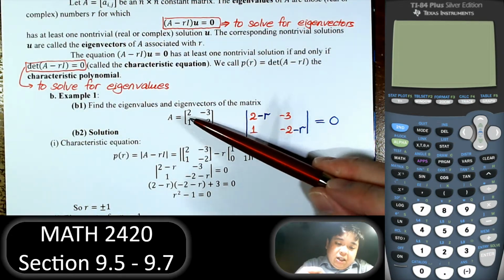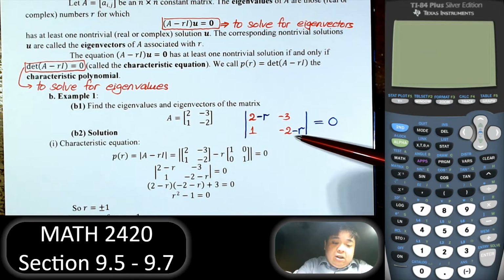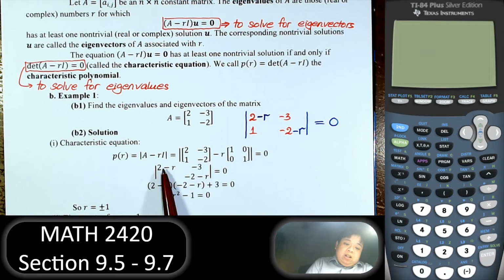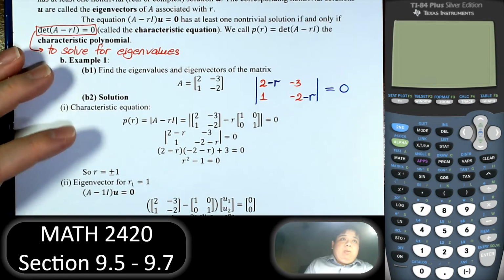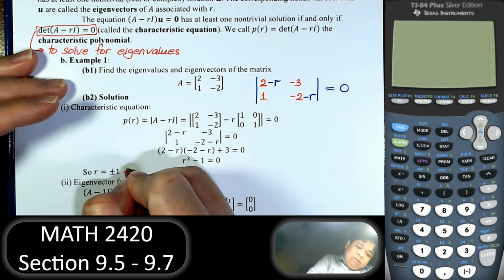Just subtract R on the diagonal, find the determinant equal to 0. So I find the determinant, multiply and subtract, equal to 0, and have plus 1 or minus 1. So those are the eigenvalues.